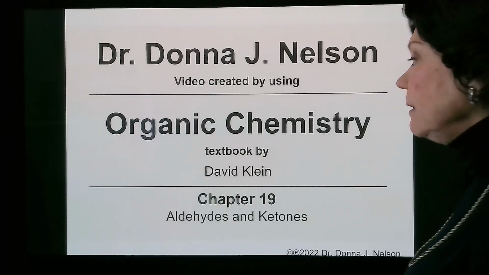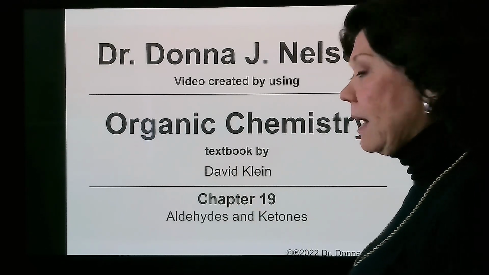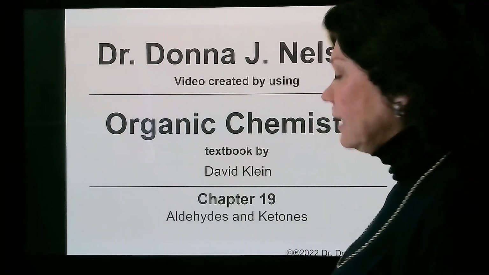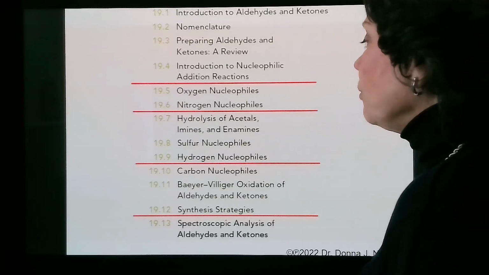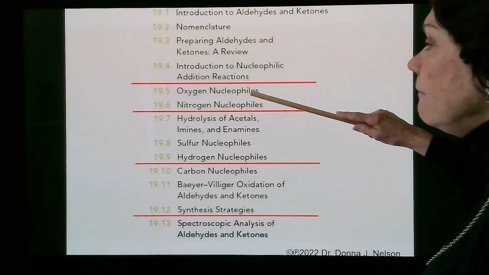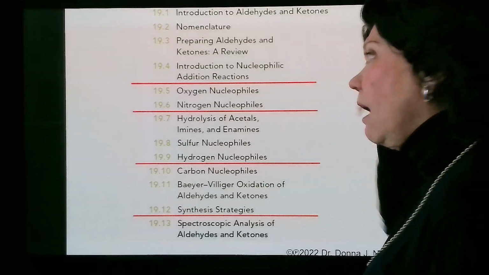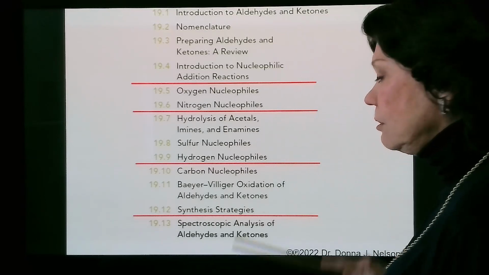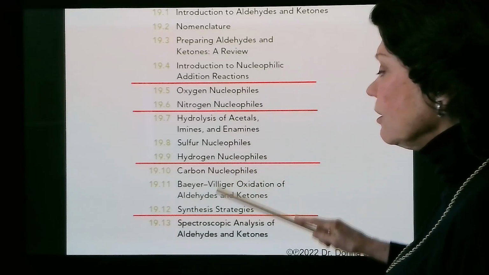And the PowerPoint that I've created parallels the textbook by David Klein, his organic chemistry textbook. In this chapter, we're going to have 4 filmed lectures devoted to Chapter 19, and you can see how they're divided here.